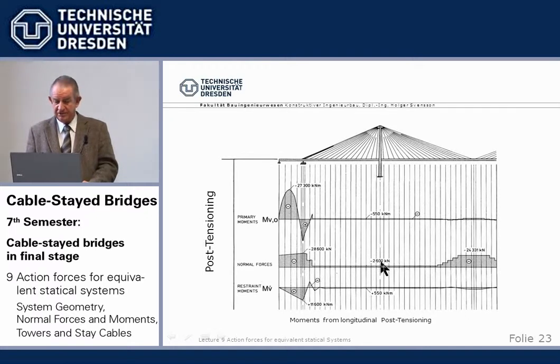And as I told you, it's all computer calculated. Don't believe me, believe the computer. They balance one another, the two. So all what these two balance one another, all what is left from post-tensioning is a normal force.